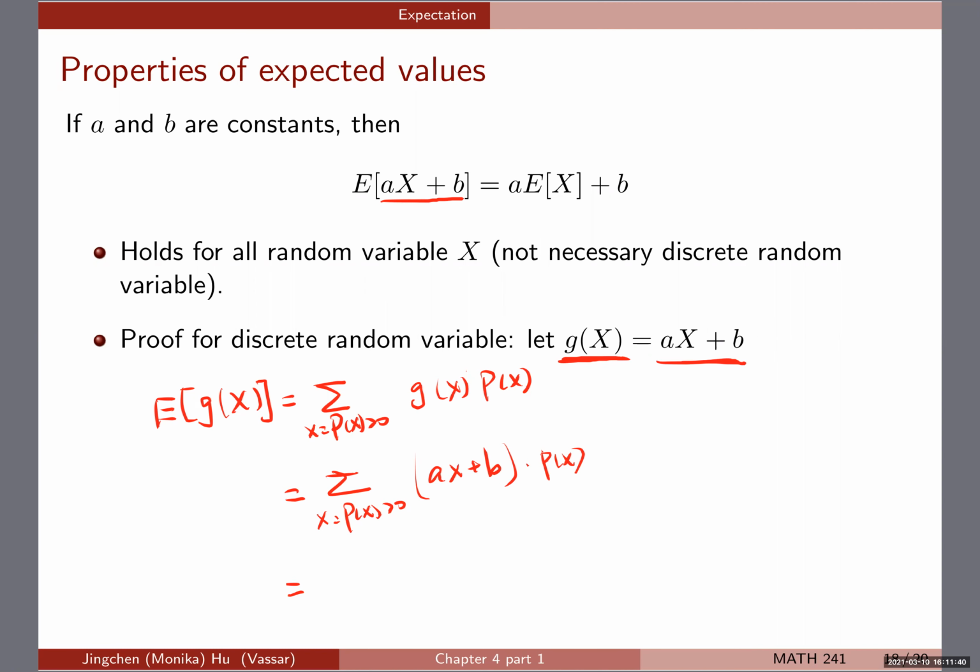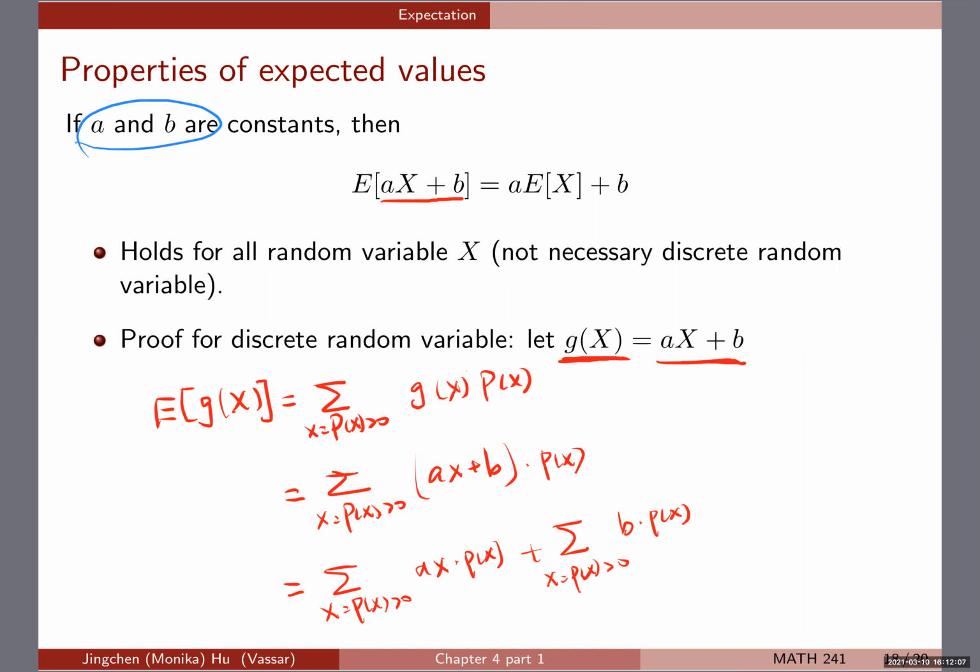So this thing we can break into two parts. We have the sum of ax p(x), plus another sum of b times p(x). Keep in mind that in this general property, a and b are constants.